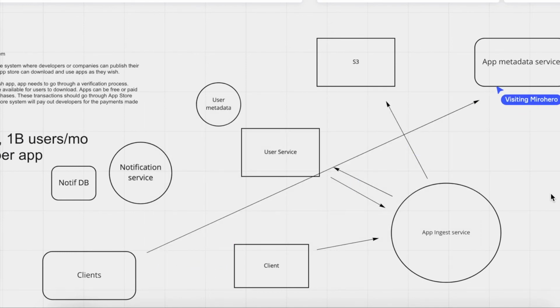What I'm thinking is maybe we could have an Elasticsearch that could handle the search component, to do a full text search. So we could have that storage component behind our metadata service.